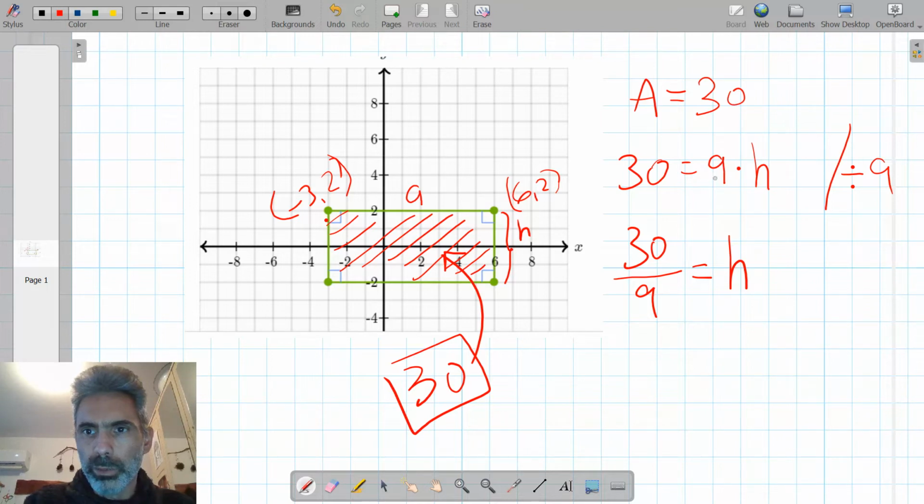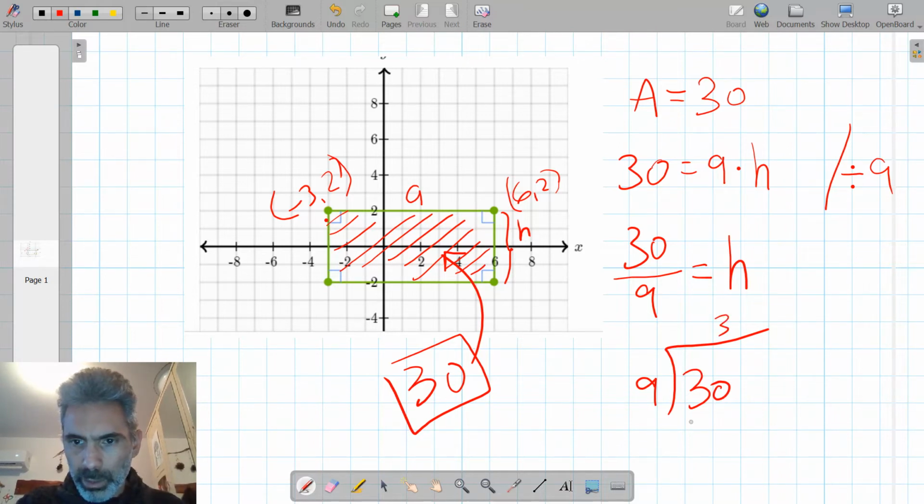So the area equals 9, which is the side, times the height. And I want to isolate the h, so I divide by 9 both sides of the equation. So 9 times h divided by 9 gives us h on the right hand side, and on the left hand side we have 30 divided by 9.